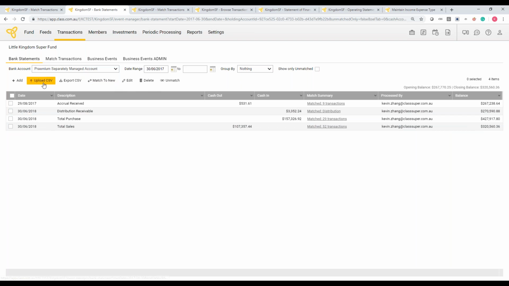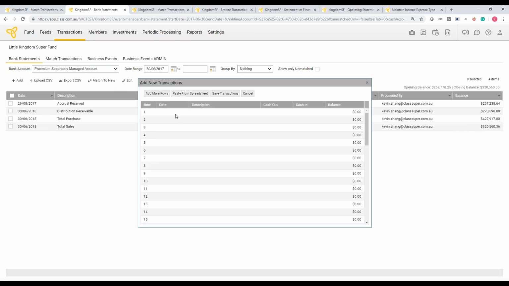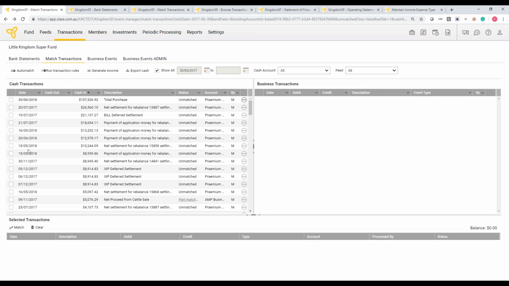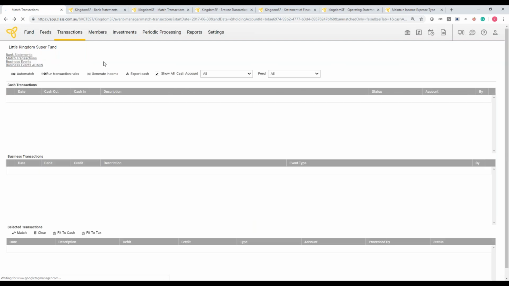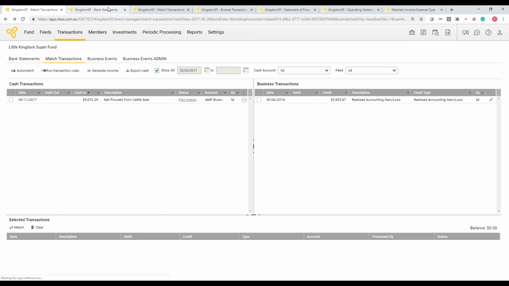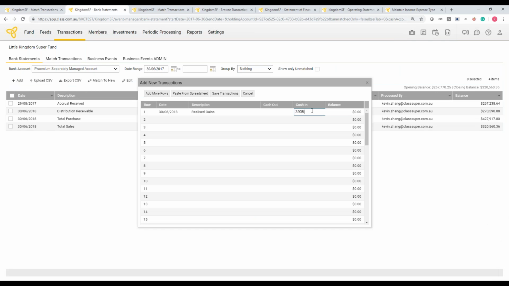So that's why you add this new amount at 30 June. Realized gain. What was the value? Let me just refresh that. 3905.87. 3905.87.